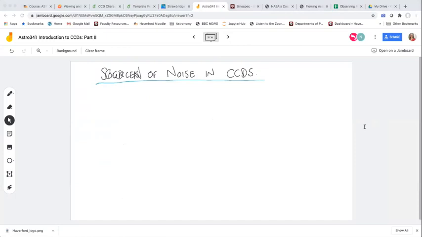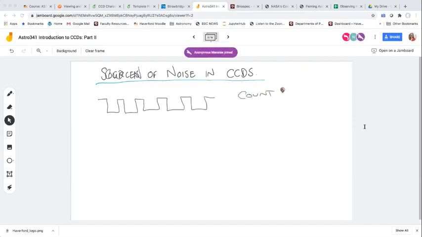So what does a CCD do? Well, we already said, right? We've got these little buckets in the rows and the columns, and we're going to count electrons. These get counted in a unit called an ADU, which is, I believe, analog digital unit.